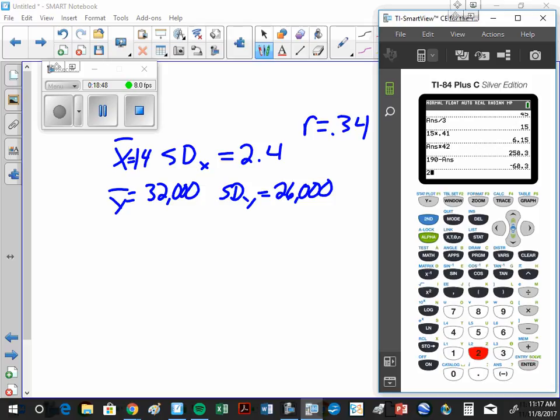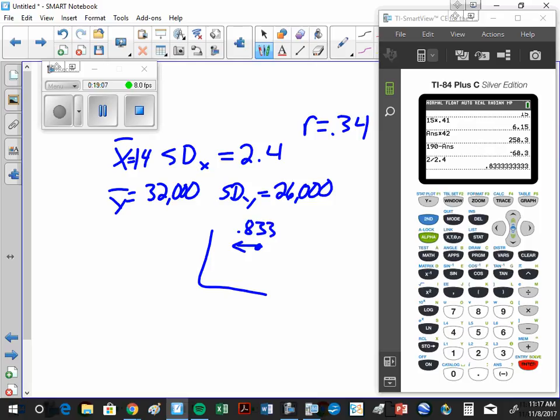So 2 years divided by 2.4 tells us that from the point of averages, we're going to go left 0.833 SDs, which means we need to go down 34% of 0.833 SDs. That's R.